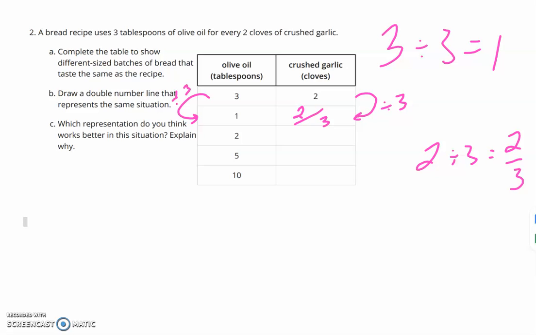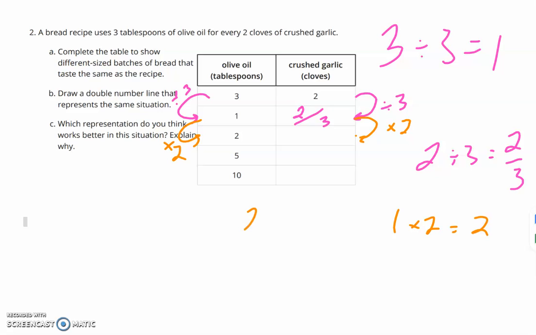So, if we were doing 1 tablespoon of olive oil, we would use 2/3 cloves of garlic. Now, I could try and go from 3 to 2, which sounds hard for me, or I could go from 1 to 2. And I know that 1 times 2 equals 2. So, I'm multiplying by 2, which means I'm going to multiply 2/3 times 2.